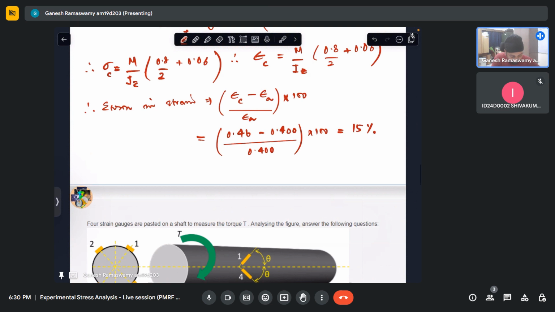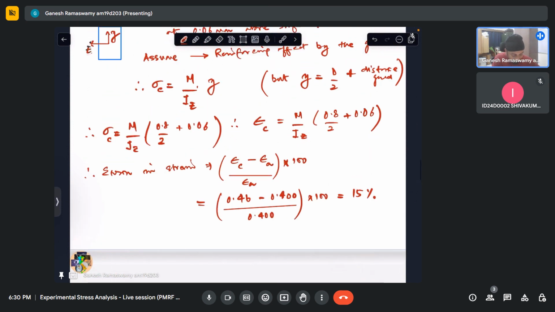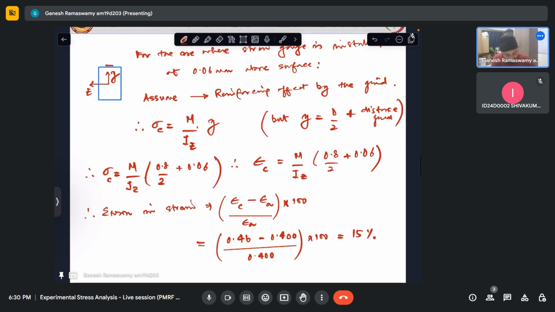Now we can clearly see that as the depth of the specimen increases, our error will also reduce. Now we made this assumption that it is not reinforcing. If we were to relax this assumption, then we'll have to take some contributory stiffness of the grid, and there will be a very minute shift in the neutral axis of the beam.